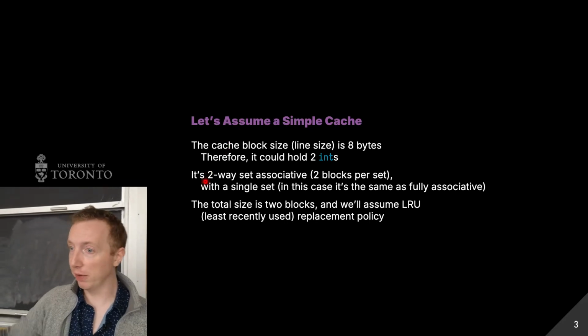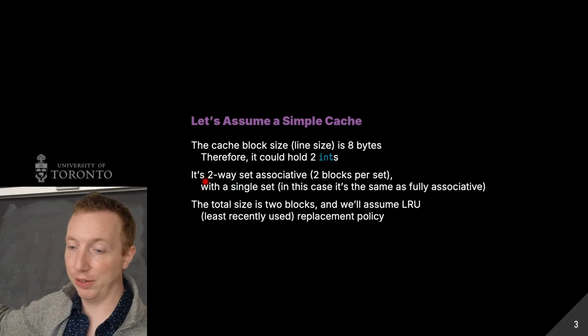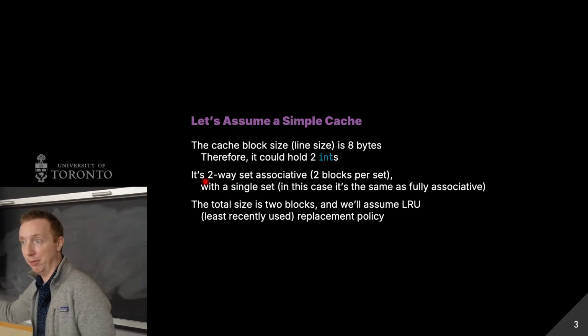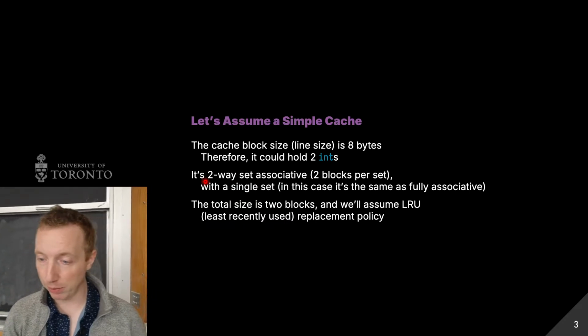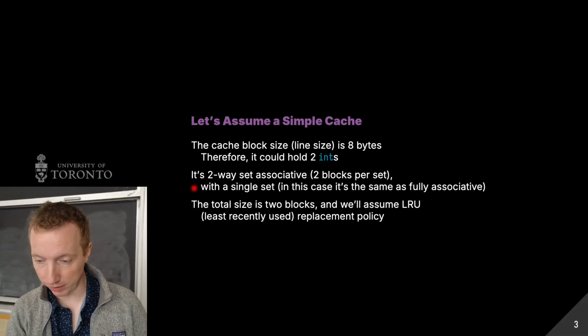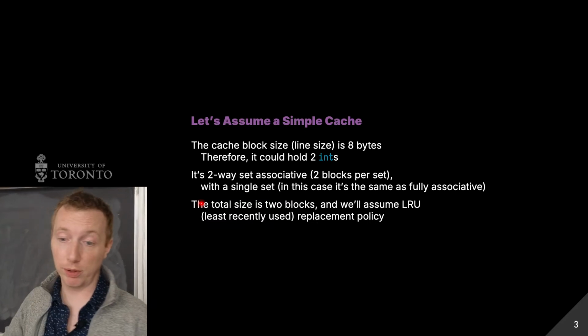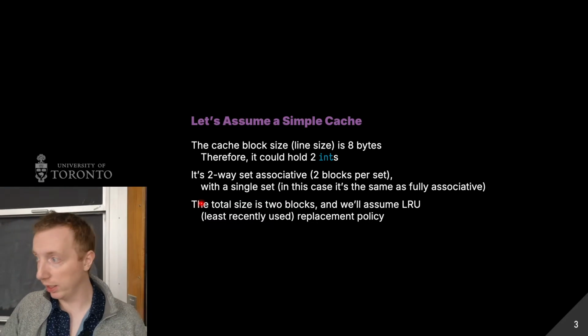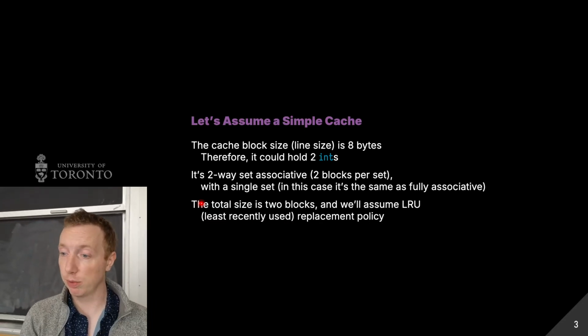And we'll assume we have a two-way associative cache with a single set. So this is actually the same as fully associative. If I only have 2 blocks and it's 2-way associative, it means any block can go anywhere in my cache. This one is really, really small, only 2 blocks. So the total size is 2 blocks, and we'll assume least recently used as our replacement policy. So if we need to kick something out of cache, it is the block that was used least recently.